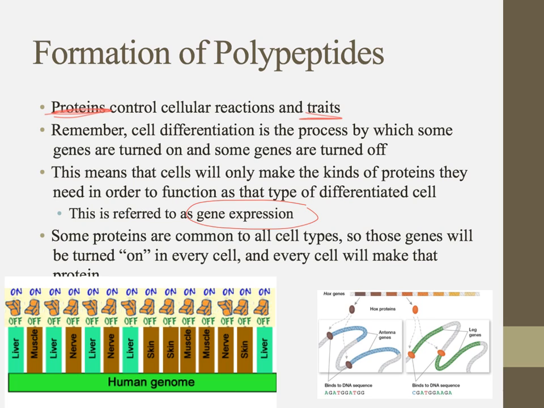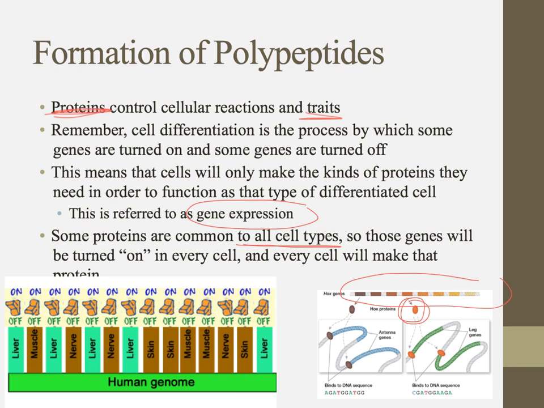Some proteins are common to all cell types. So let's say something having to do with manufacturing cellular organelles or something involved with cell division, something that every cell has to do. I would expect that gene to be found in every cell and for that protein that's made from the gene to be found in every cell.